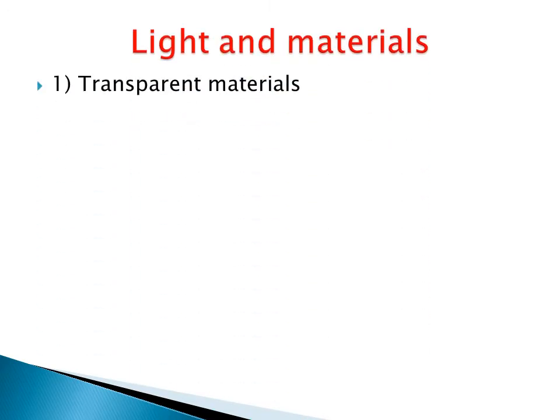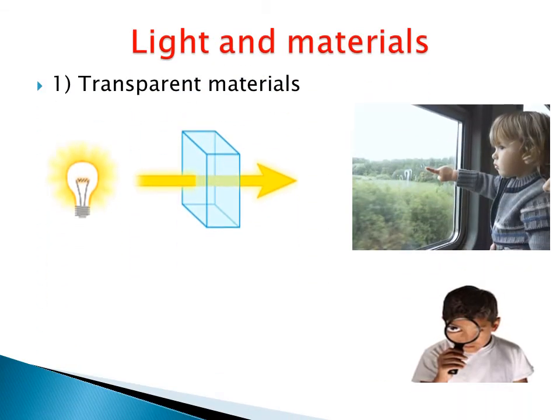Light and the materials. The light can move through materials. Look at this boy. He's looking through the window, right? And the window here is made from glass. And the glass is a transparent material, right? So he can see through it because it's sunny outside, right?